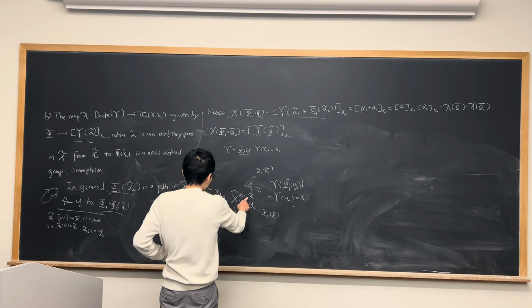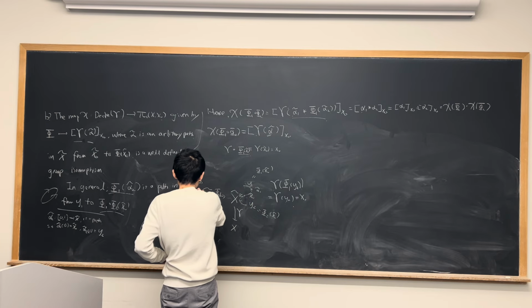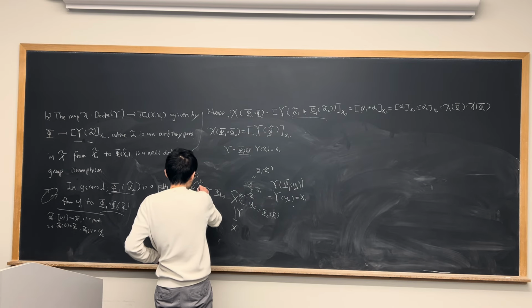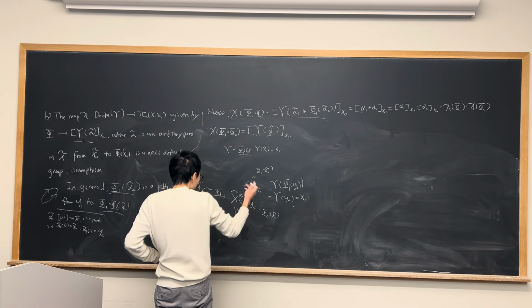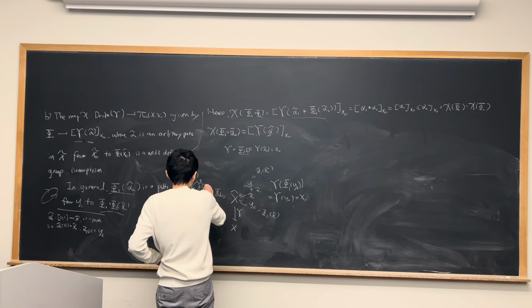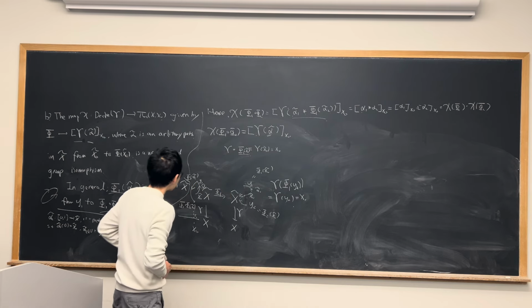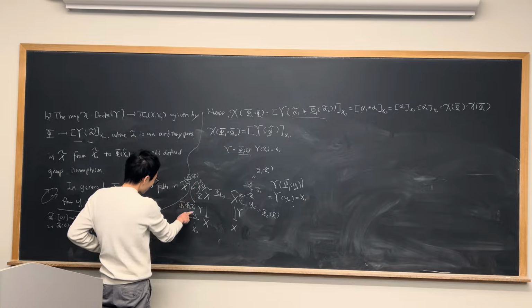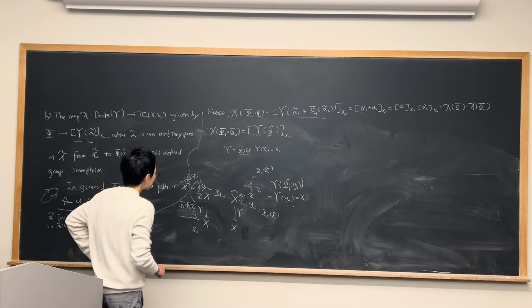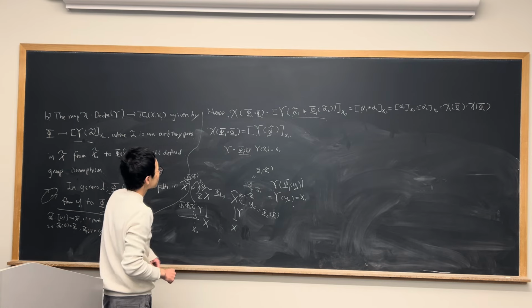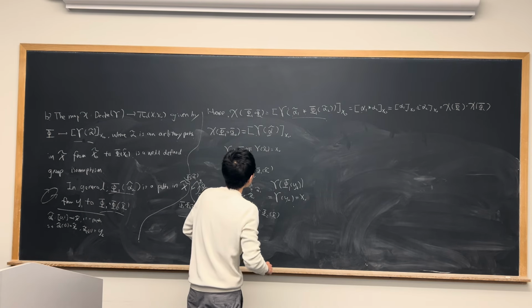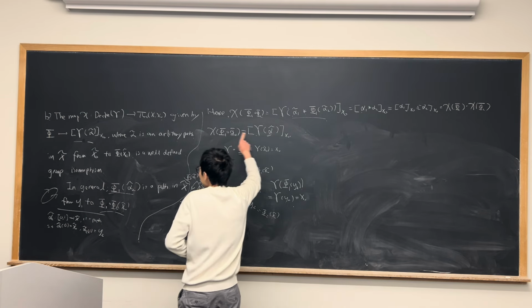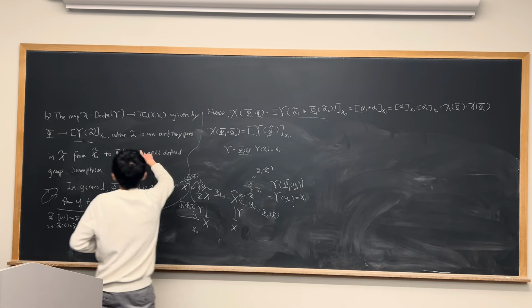Alpha 1 is from x naught tilde to y1, right? So if I copy exactly the same thing, this is from x naught and back to here, right? So therefore this is a path.